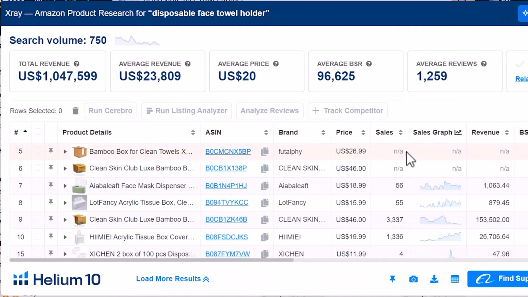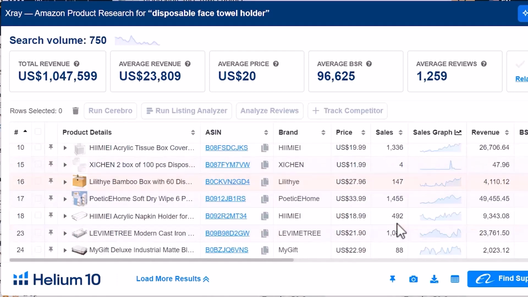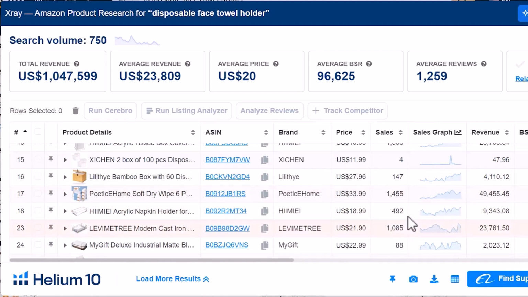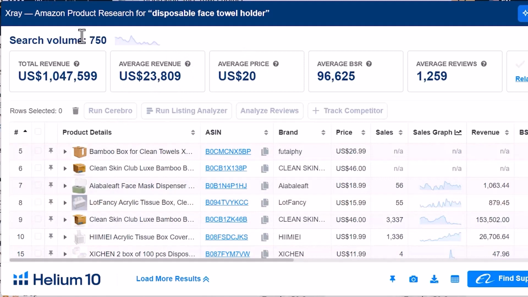Then we have 56 units, 55 units, and then we have one brand, Clean Skin, with 3,000 sales units and 1,300. So there are only like two brands selling. So it's not a very good market to go into, very low.